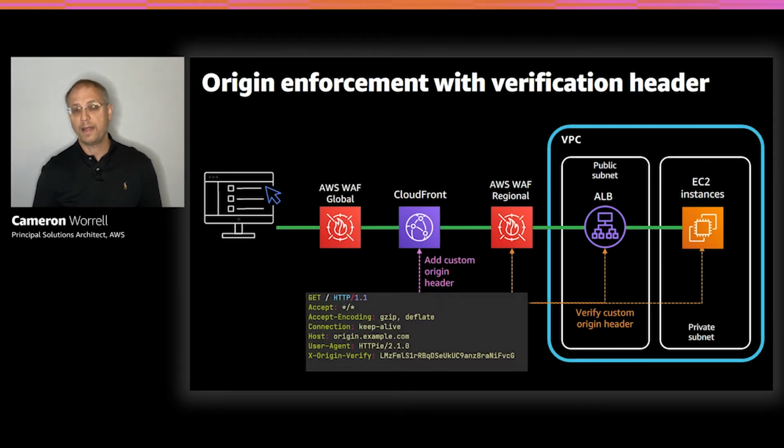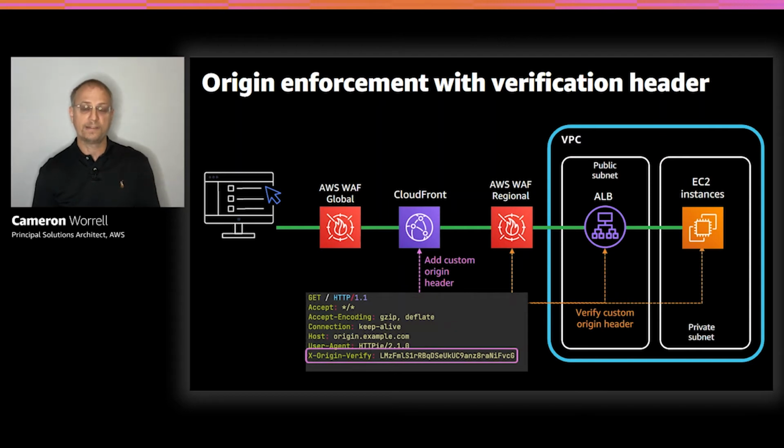So when you're using CloudFront, you have the ability to define a custom header. And when you configure the custom header, CloudFront is going to add that header to each request that goes back to your origin. So in this case, we've added a header, X-Origin-Verify, with a value in it, which is basically a secret string value that gets used.